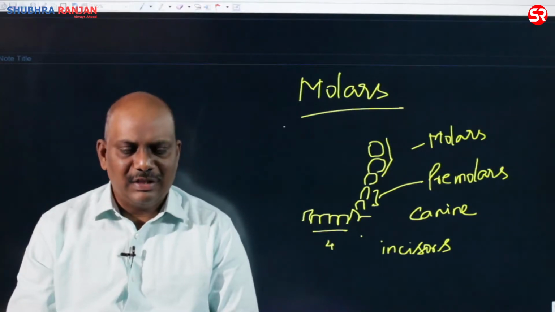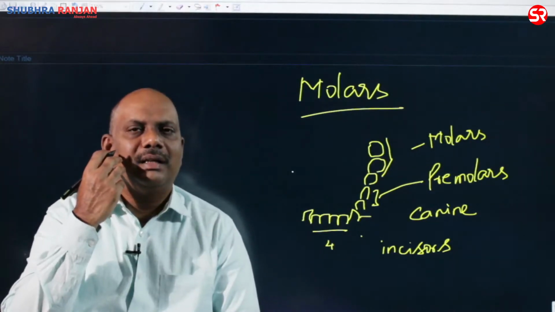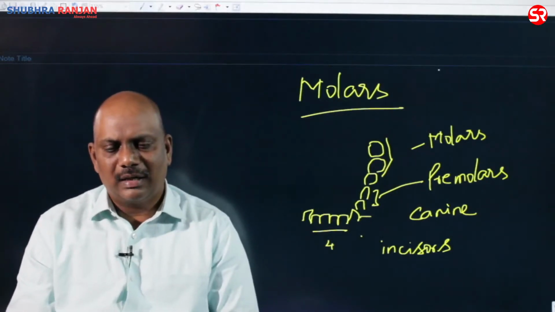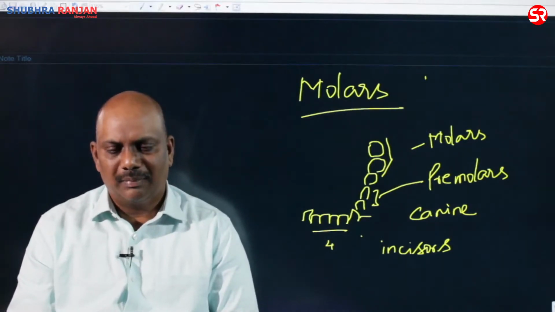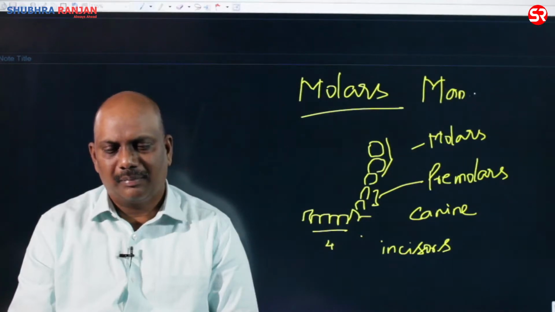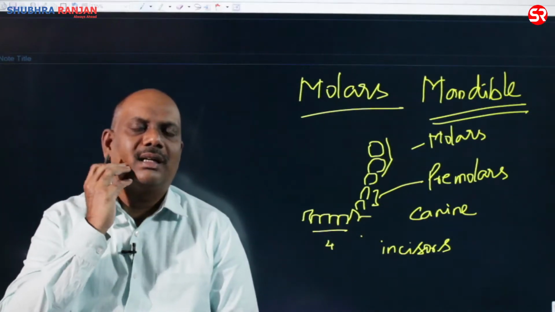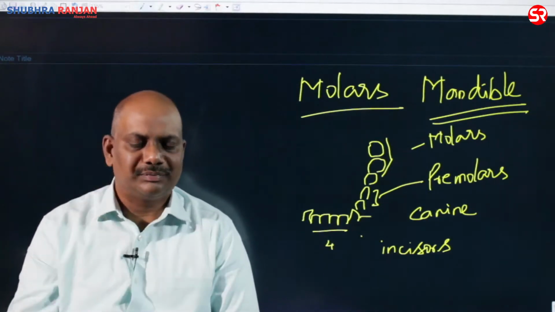The way in which the teeth are arranged in the lower jaw. The lower jaw is technically called the mandible.